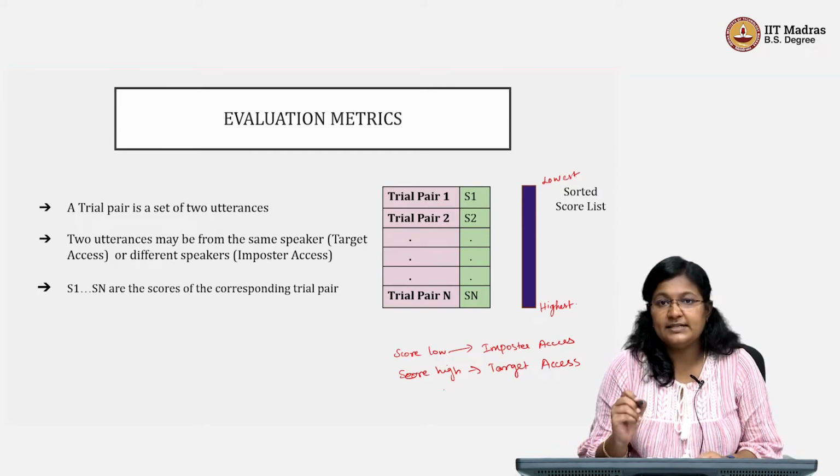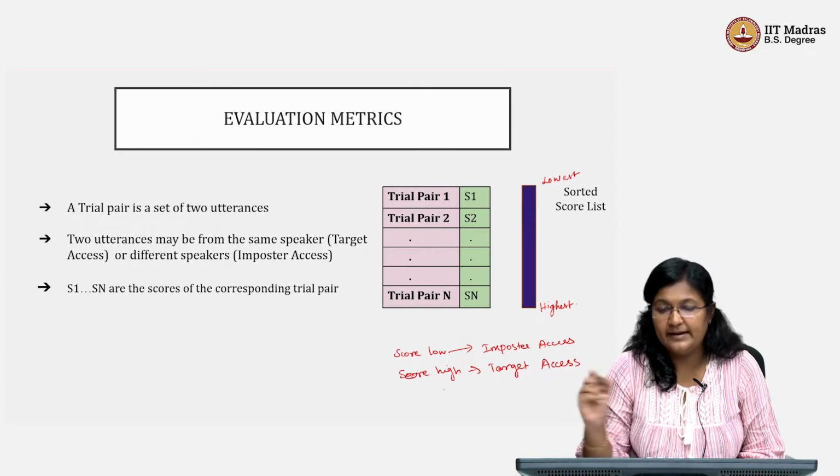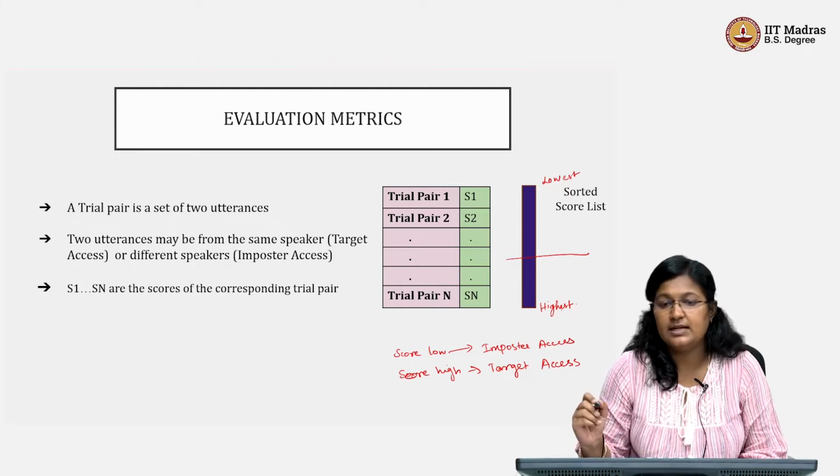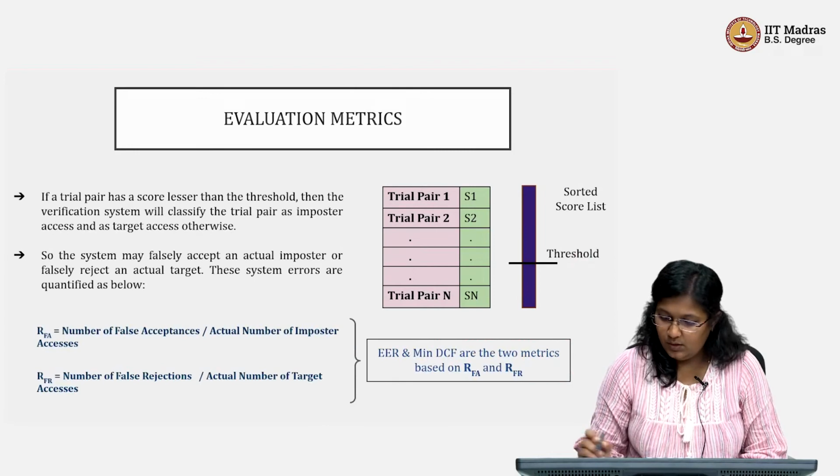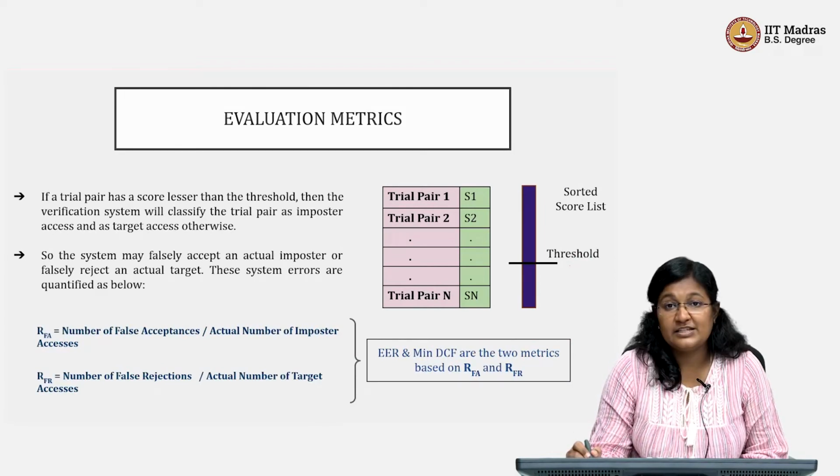But where to set a threshold? We have to put a line and say, below this I will say that it's an imposter access, and above this I will say that it's a target access. Some line we have to draw. That's called the threshold line.